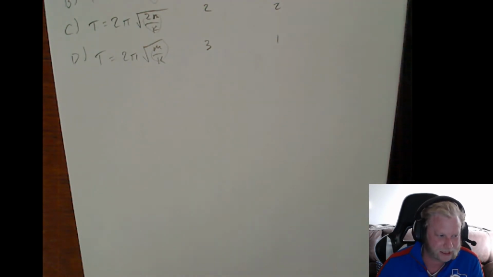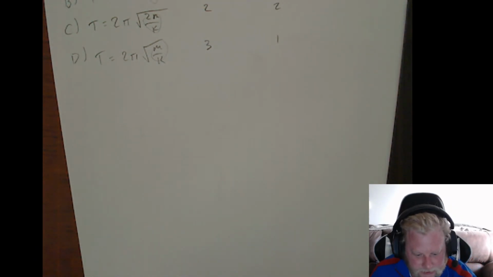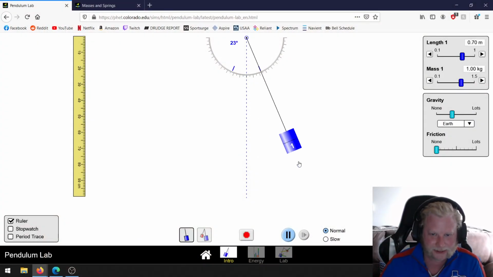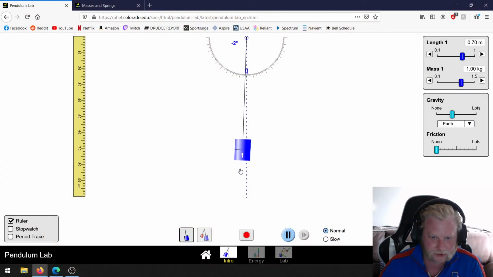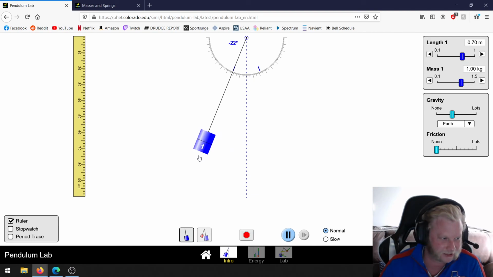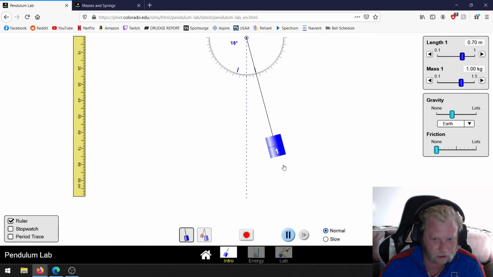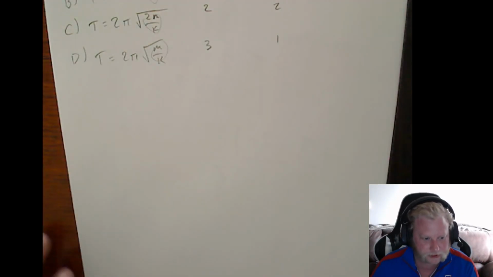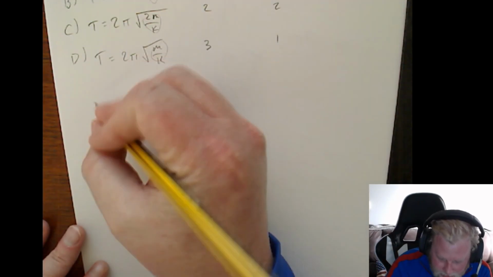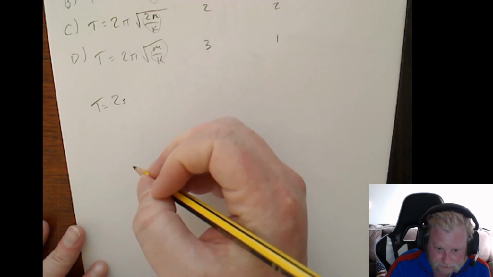Now, what they've basically told you there is that to go from here to here is 1 second. But that's not the period, right? The period would be coming all the way back to where it started. So 1 second, 1 second, your period is 2. So we know our period is 2 seconds.